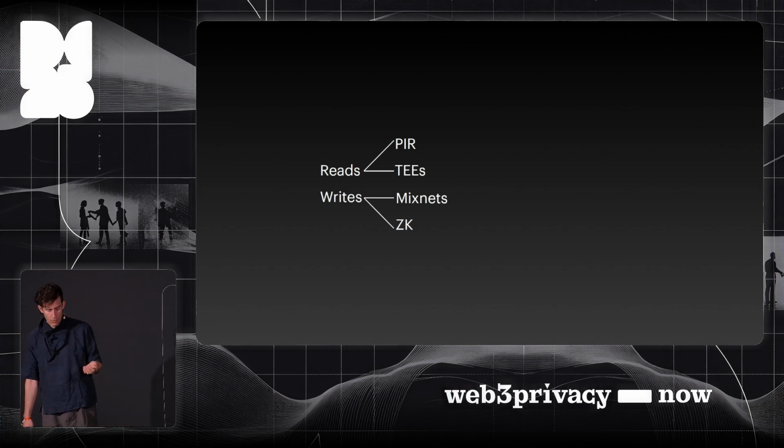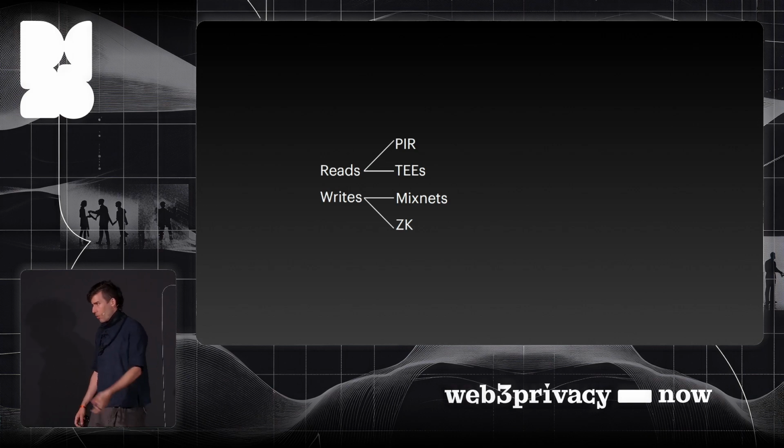For reading, so when you're trying to learn, what is my account balance, or what is the DApp state, or things of this nature, there's a couple different building blocks in here that can help you with unlinking that are already getting pretty close to just being drop-in. One of these is using confidential computation, so TEEs.